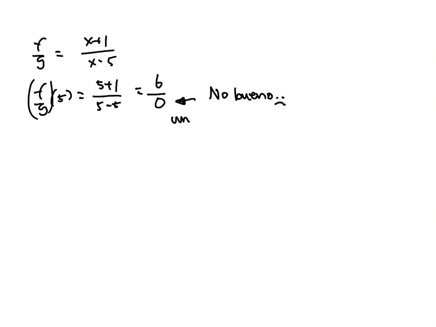This is undefined. So f over g of 5 is undefined. 0 cannot be in the denominator. It does happen sometimes.